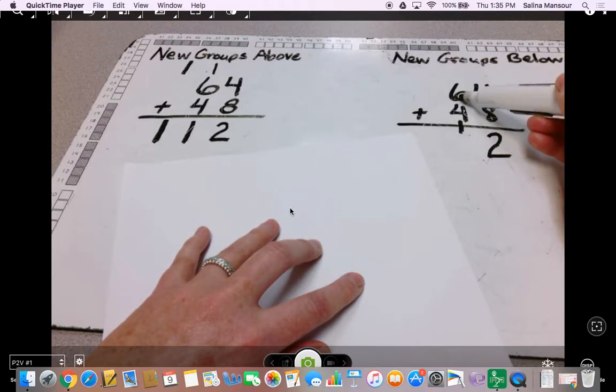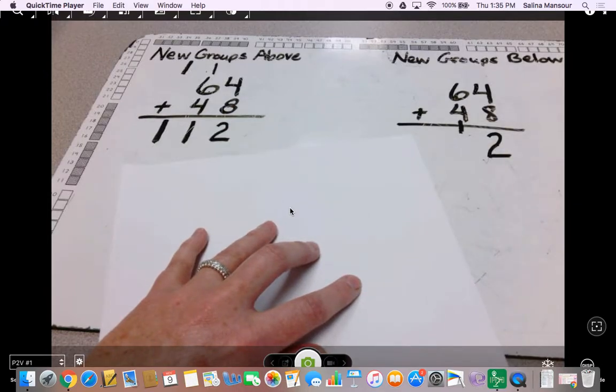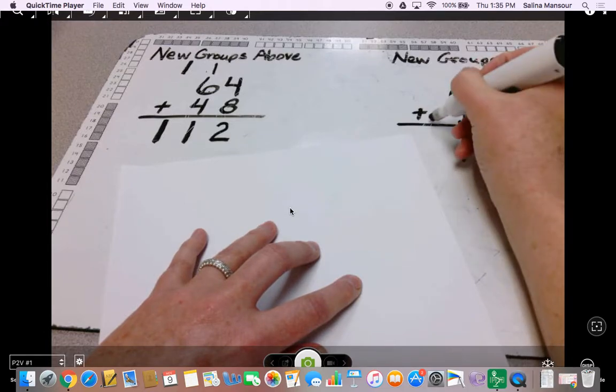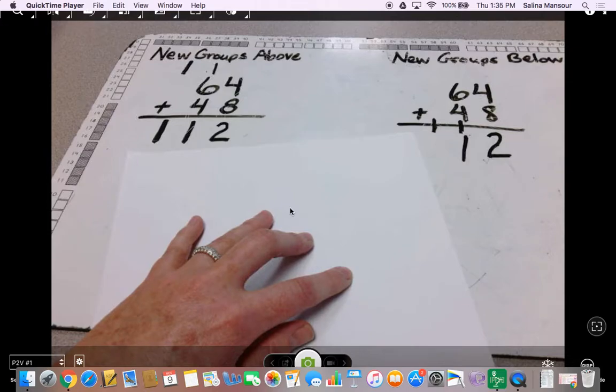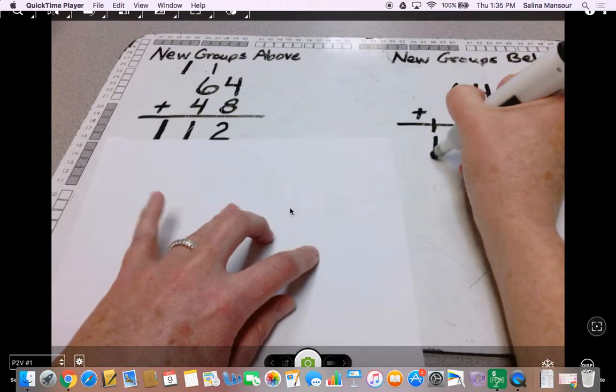Now we know that, again, that 6 and 4 are partners of 10, so they make 10. And 1 more 10, so we have 10 tens plus 1 more 10 is 11 tens, which means I have 1 10 and now 1 new 100. But of course, we're not finished there. We have to write in that new 100.